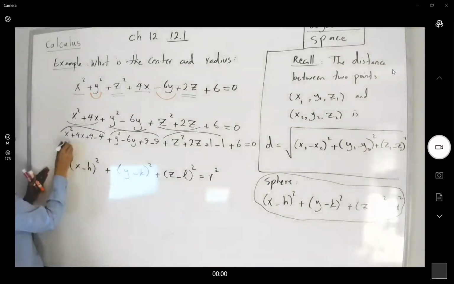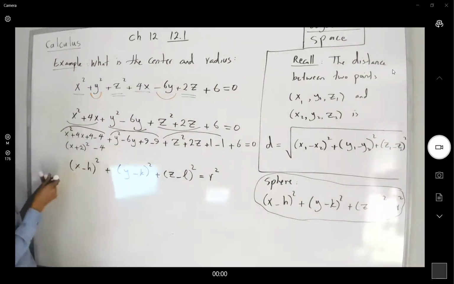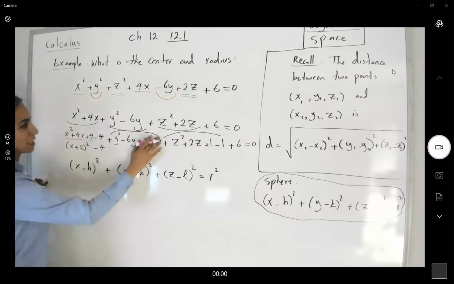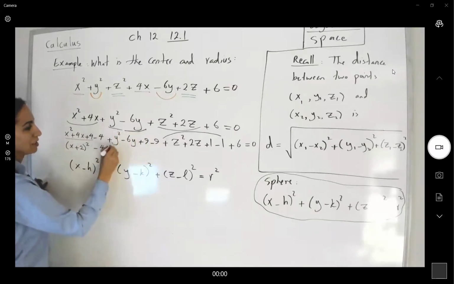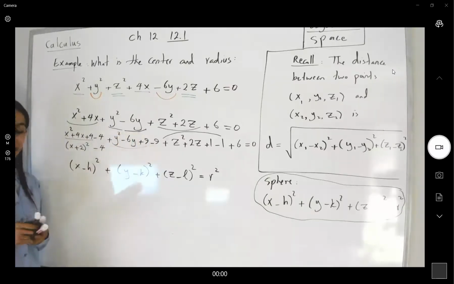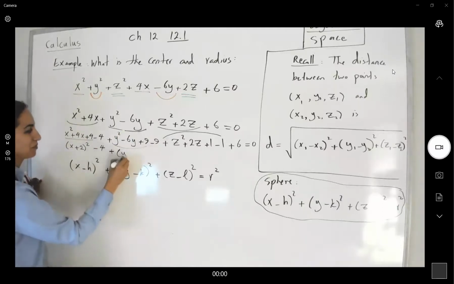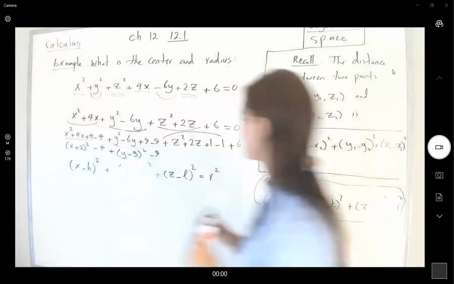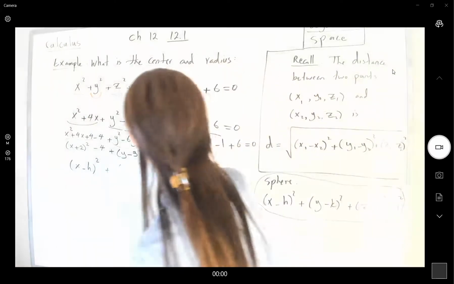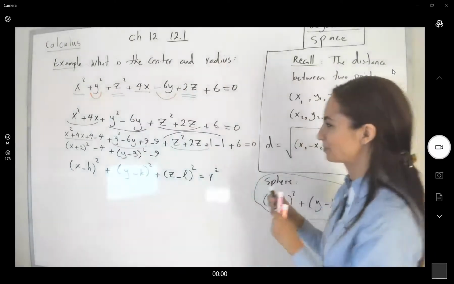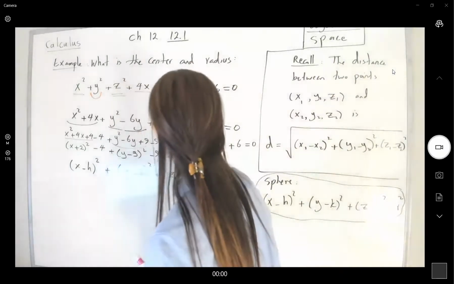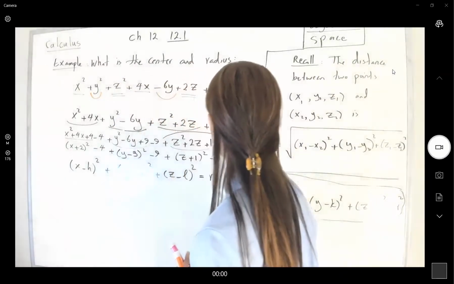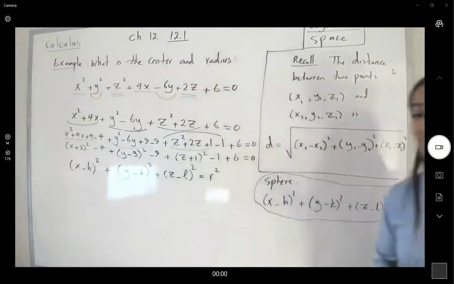This is equal to x plus 2 squared minus 4, then I have y minus 3 squared minus 9, then I have z plus 1 squared minus 1, plus 6 equal to 0.